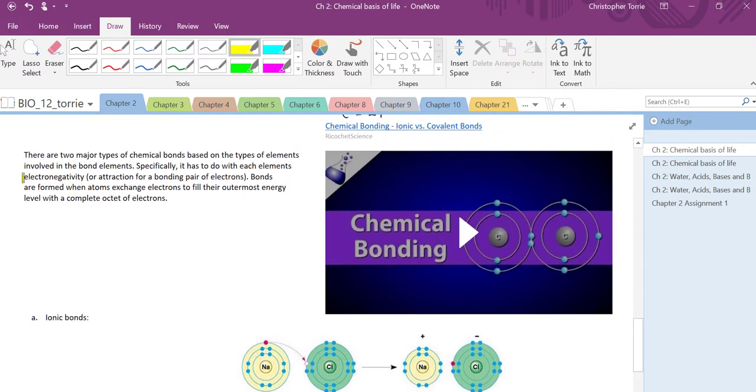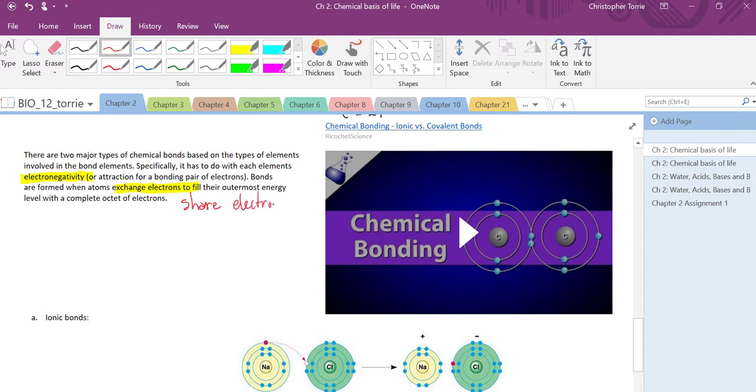We call this attraction electronegativity, right? Attraction for a bonding pair of electrons. So bonds are formed either when atoms exchange electrons to try and fill up that outer shell, or they share electrons. So they can either exchange electrons or share electrons.